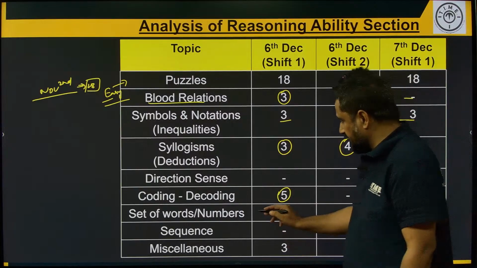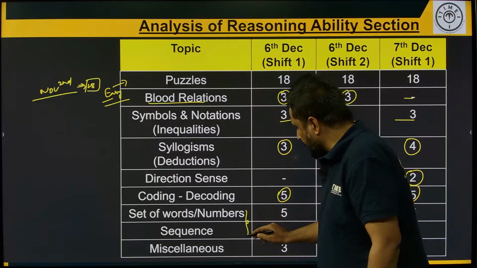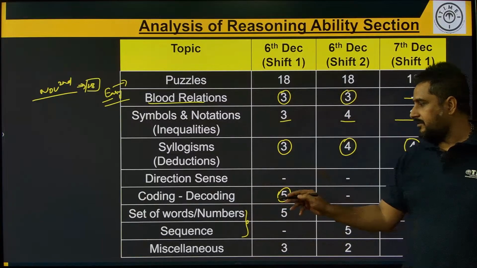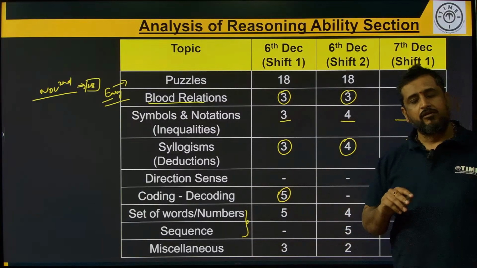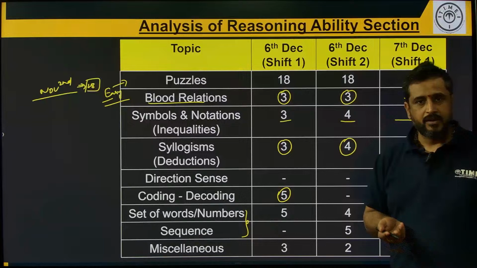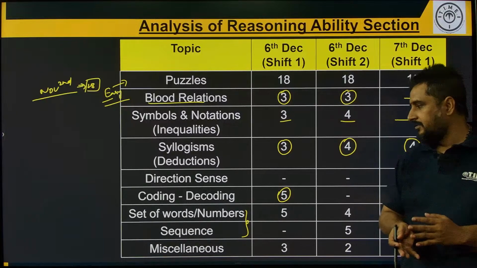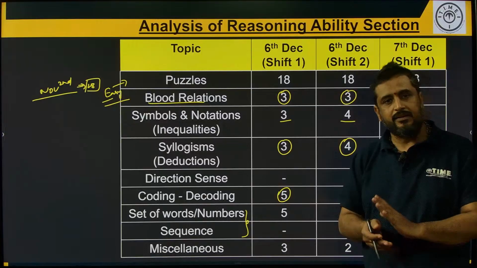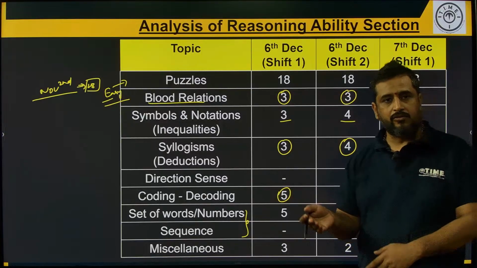Especially this one, we are repeatedly saying that definitely one set from either a set of words, or numbers, or sequence will be given in any shift. In any shift, you will definitely be given one set. The same is proved here across all the slots.